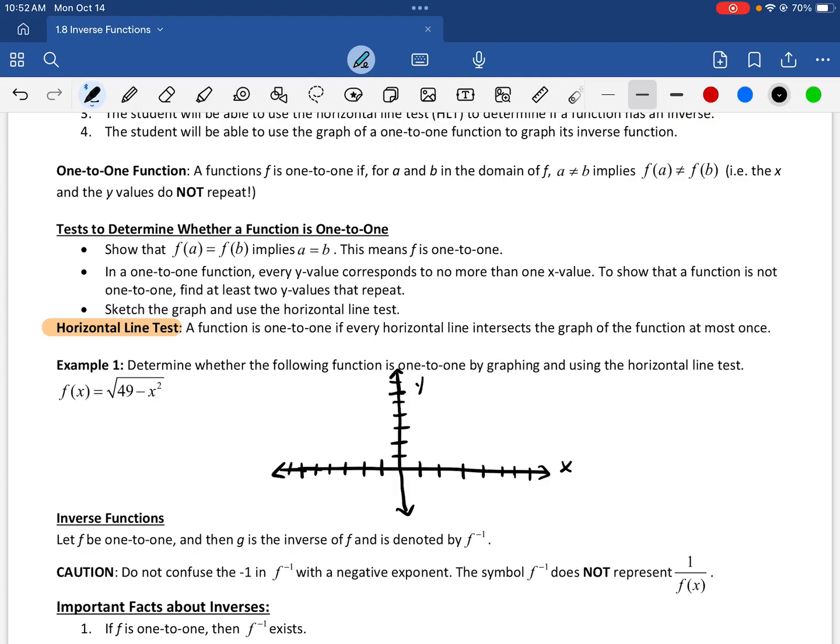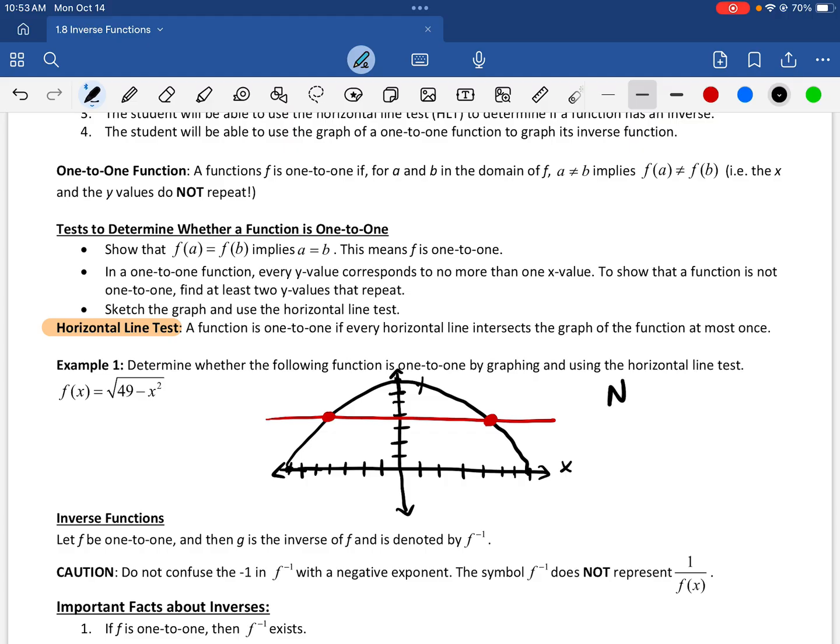So this is basically half of a circle that has a radius of 7. It's going to look something like this. Then if we think about trying to draw a horizontal line through that function, we're going to see that it's going to hit that function at 2 points at the same time.